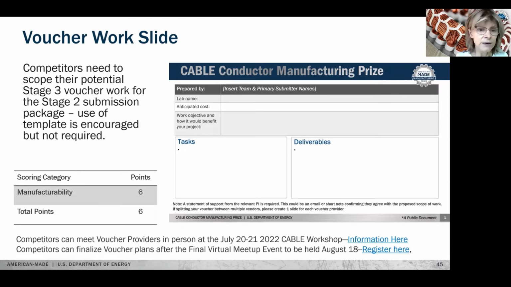And as mentioned by Cameron, and I want to repeat, we have 2 upcoming opportunities for you to get some one-on-one time with potential voucher providers. You could meet them in person at the July 20th and 21st Cable Workshop, or August 18th, we'll have a final virtual meetup event to meet individually with voucher providers.